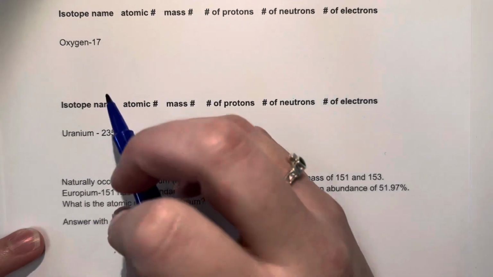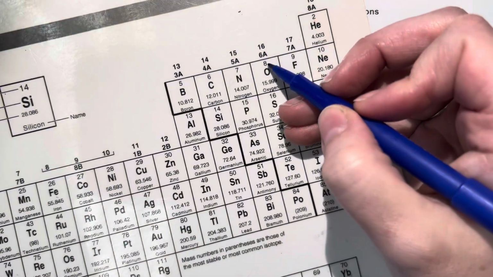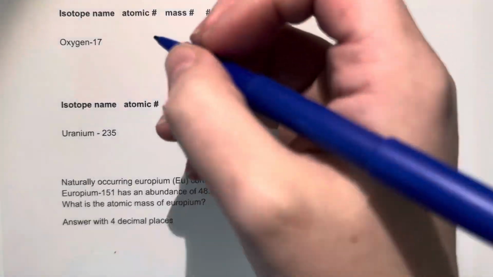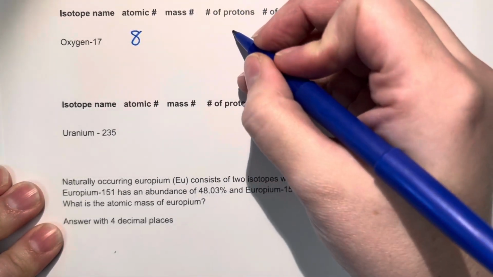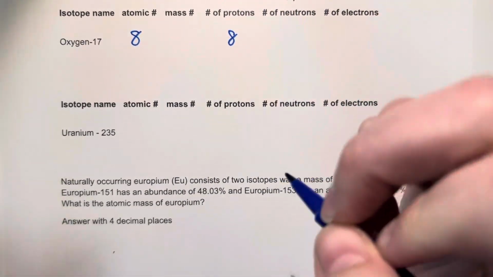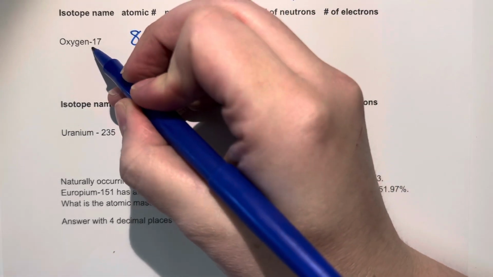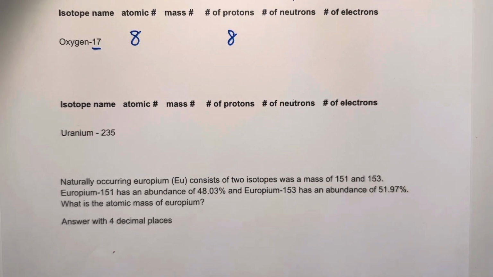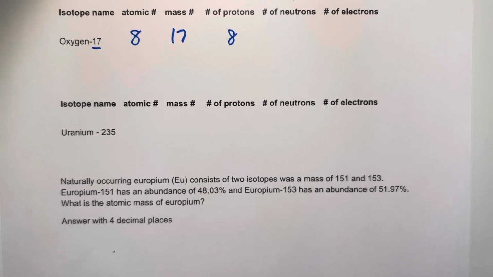Oxygen 17, my atomic number is going to be 8. Since this is oxygen, my atomic number and my number of protons is the same, so I can go ahead and repeat that. My mass number is going to be the thing that is stated in the isotope notation, so oxygen 17 has a mass of 17.